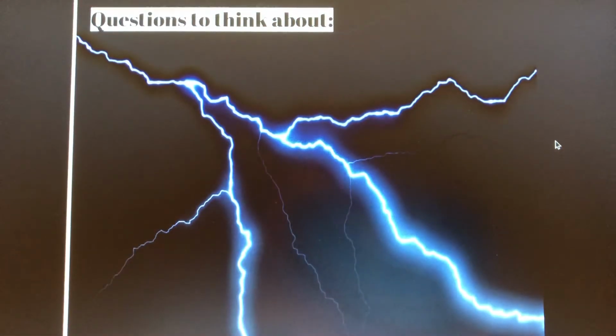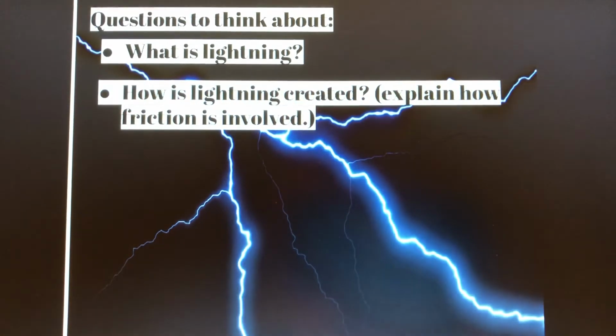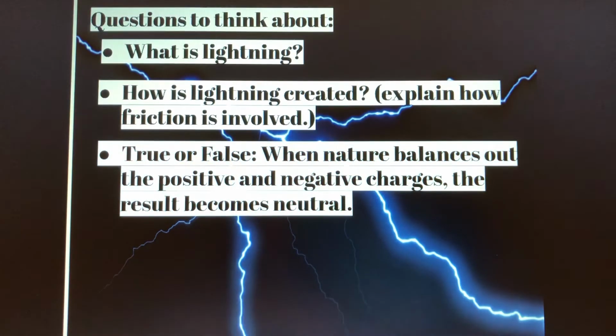So here are your questions to think about. What is lightning? How is lightning created? Explain how friction's involved in that whole thing. True or false? When nature balances out positive and negative charges, the results become neutral.